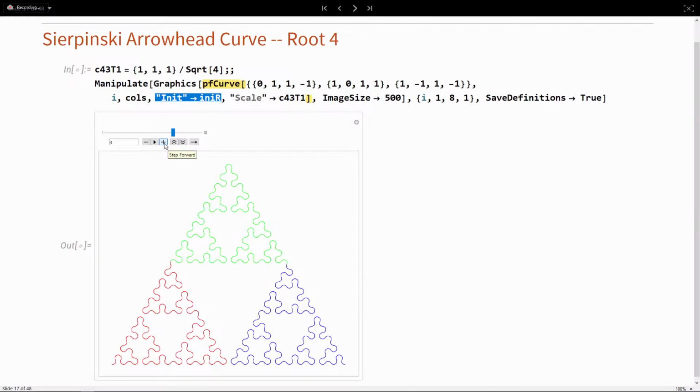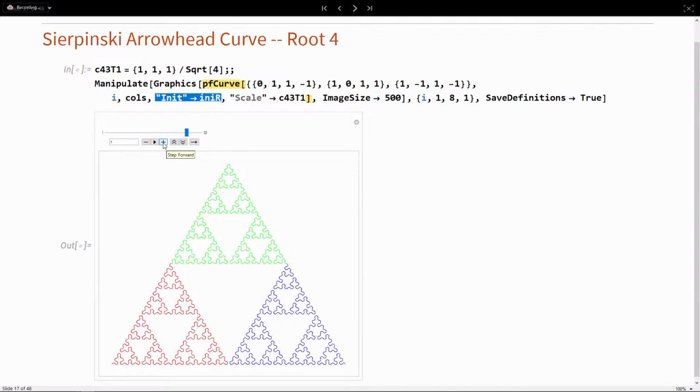And there are many different ways of generating the Sierpinski arrowhead curve, and also many different ways of generating the Sierpinski pattern. For example, one thing I meant to put into here is Pascal's triangle. If you look at mod 2 of the Pascal triangle, you get this pattern.